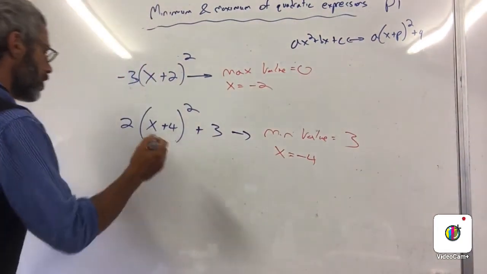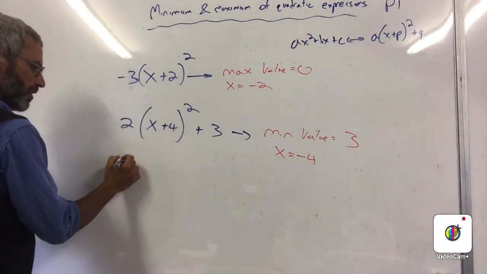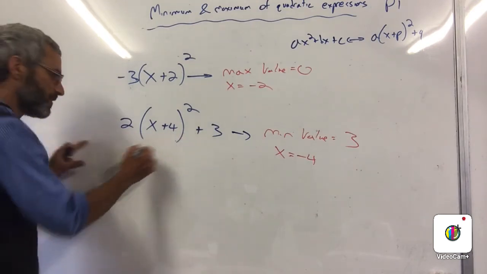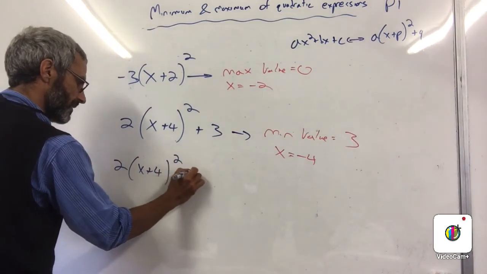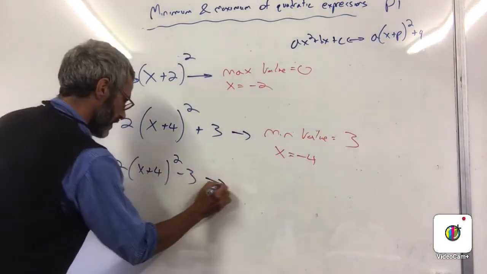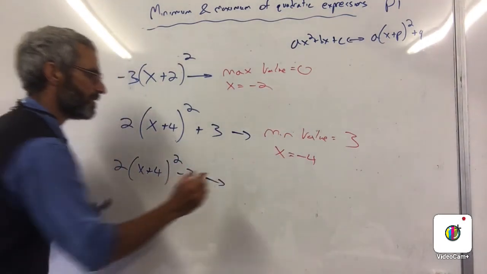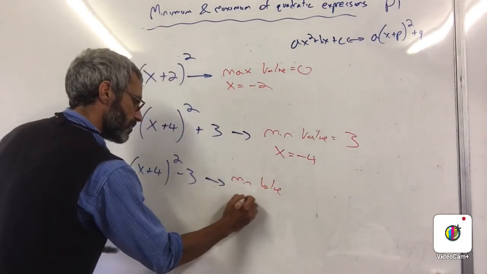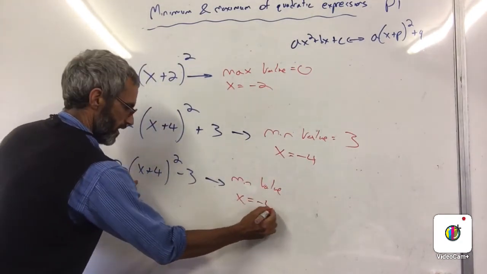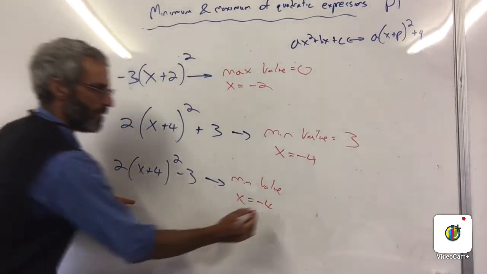So let's do the same thing but with minus 3 instead. So 2x plus 4 squared minus 3. First of all, minimum or maximum? Still minimum. x equals negative 4. And what will be the minimum value?